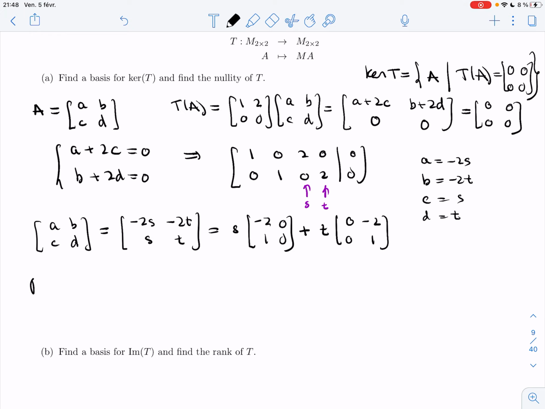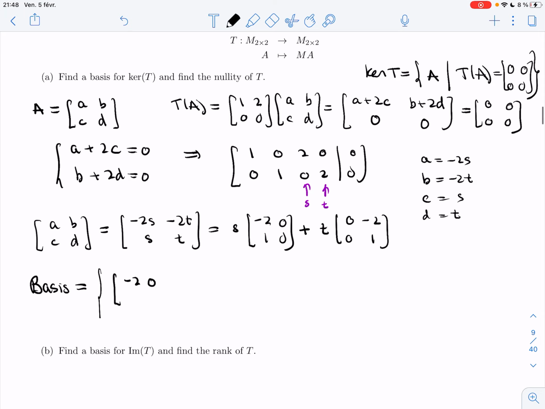And so my basis is going to be [minus 2, 0; 1, 0] and [0, minus 2; 0, 1], and the nullity, which is the dimension, is going to be 2. So this is a basis for the kernel.